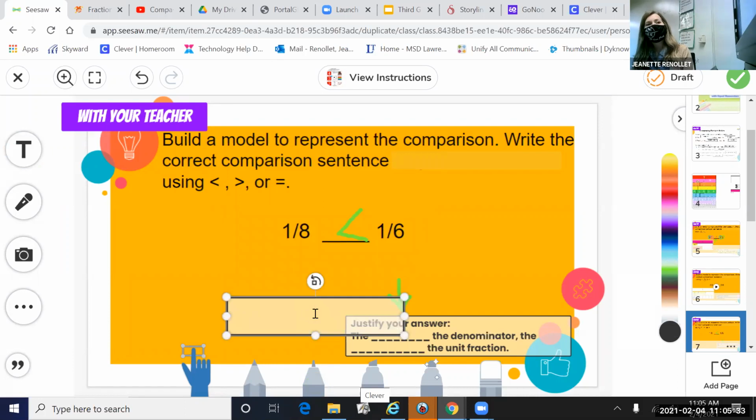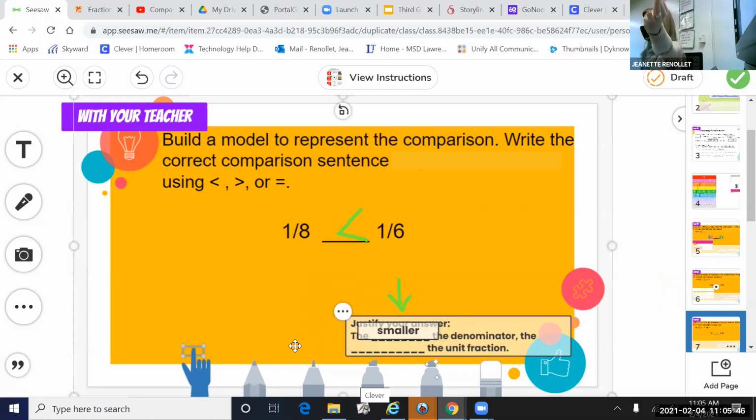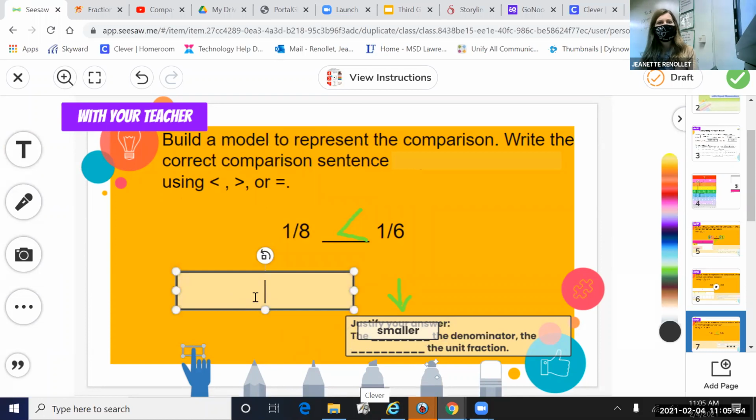The smaller the denominator, the bigger the unit fraction.